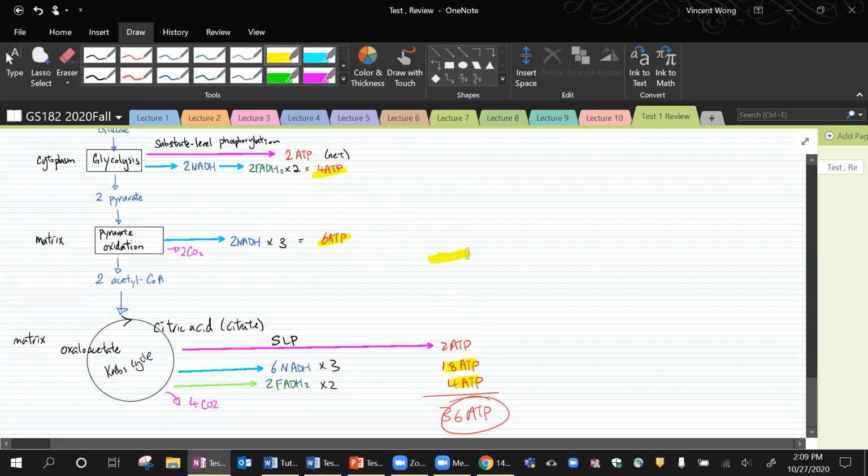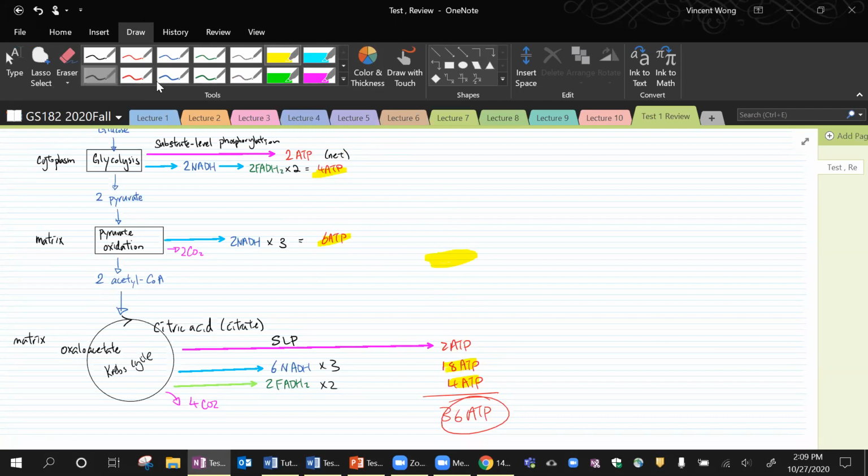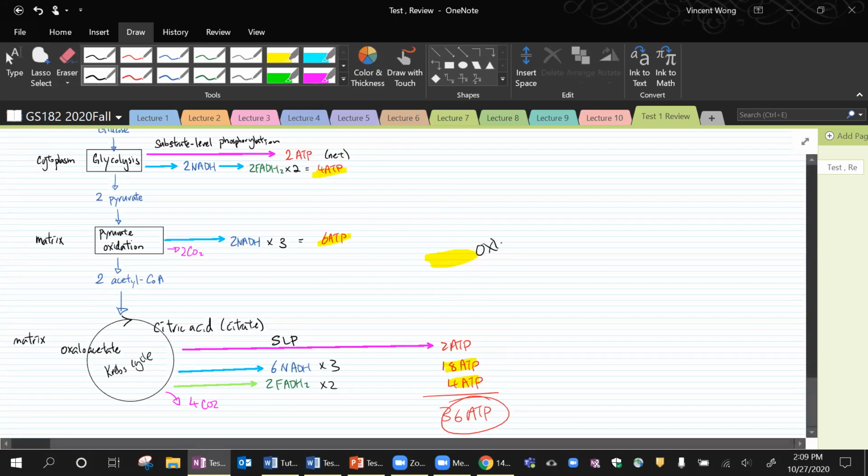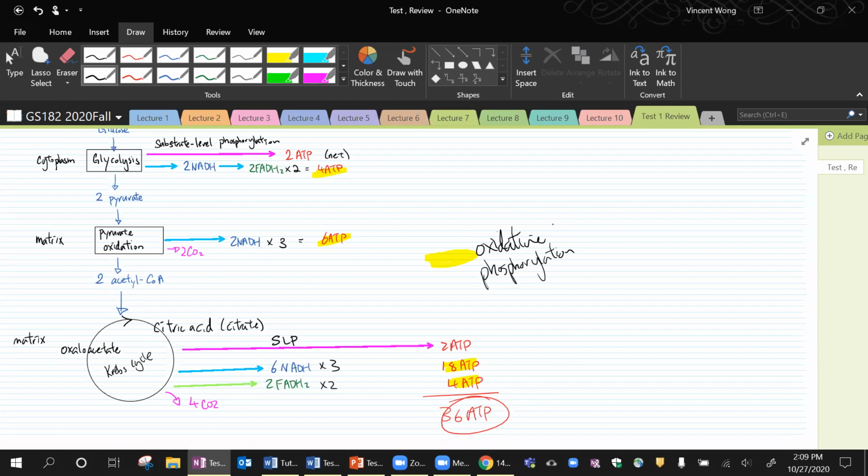So these yellow ATPs, they are produced by oxidative phosphorylation. That's harnessing the oxidative reaction, right? The stripping electrons from glucose, harnessing that energy to power phosphorylation. Okay, so that's like a summary of where everything is.